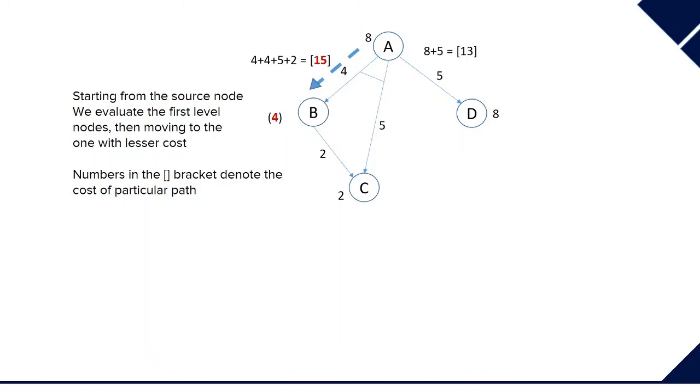So this is more than the cost on the right side. So now we shift to the right side and dive into the deeper nodes of the right side until we reach the terminal node.